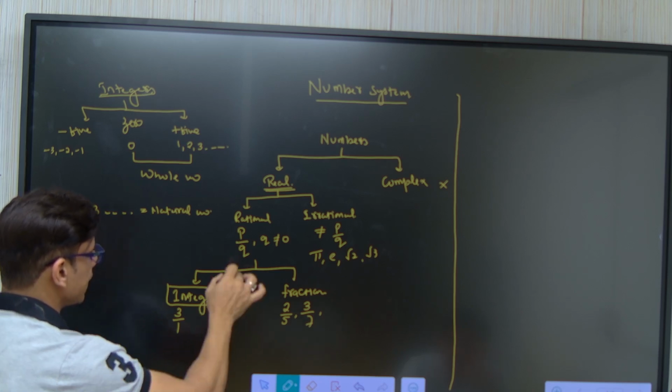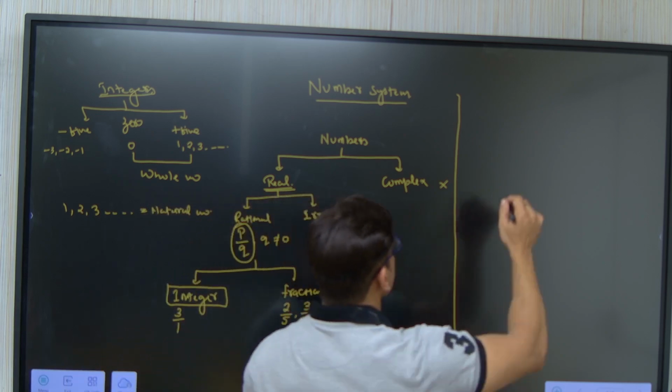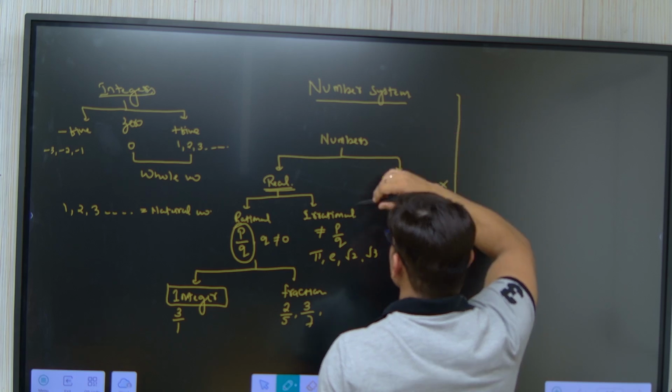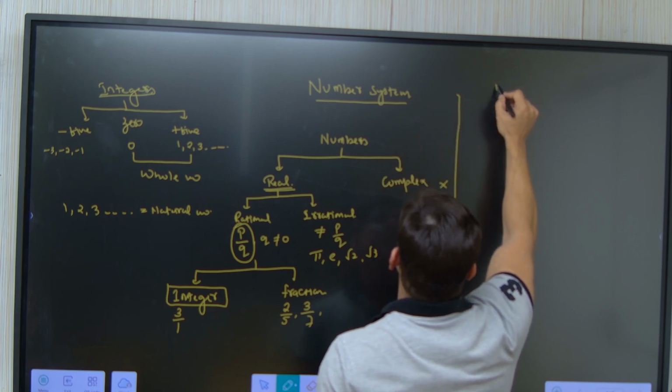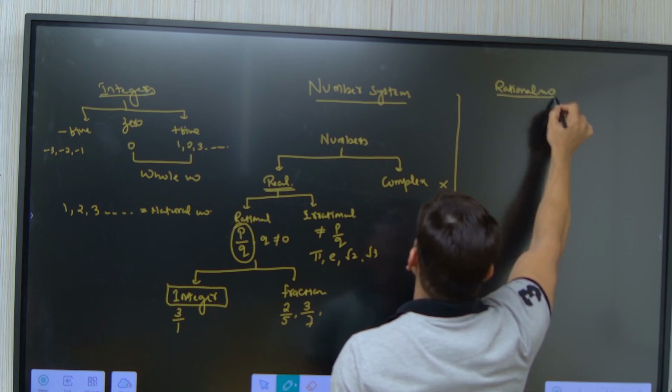Let's focus on this rational number property. Rational numbers are of two types. What are these two types?